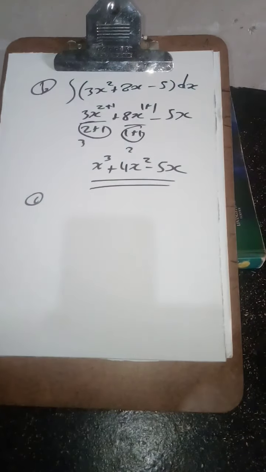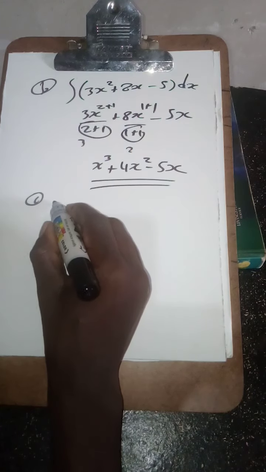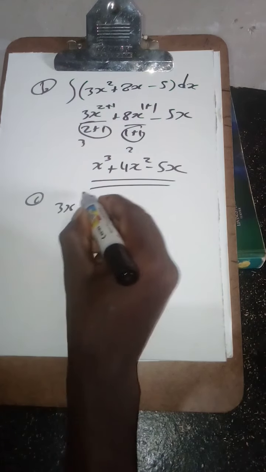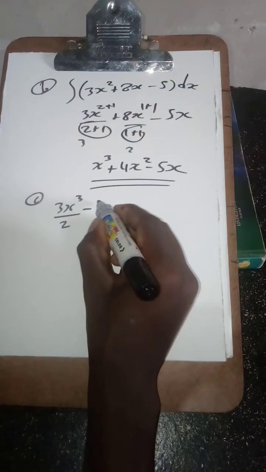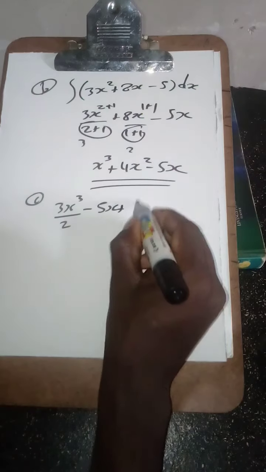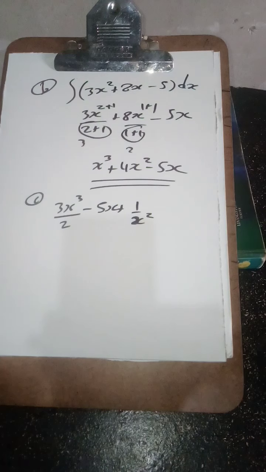Then the third question says find the integral of 3x to the power 3 divided by 2, minus 5x, plus 1 over x squared. As I said, you can pause the video just to try it out, then see whether or not we end at the same answer.